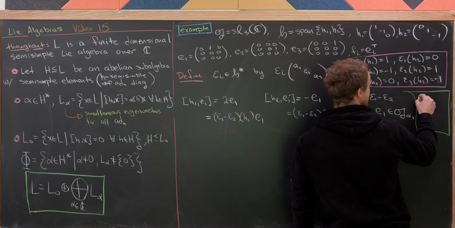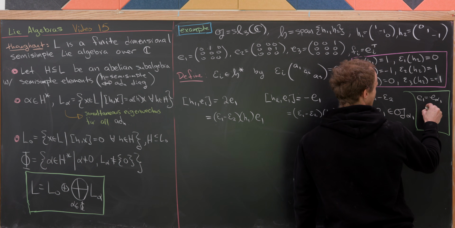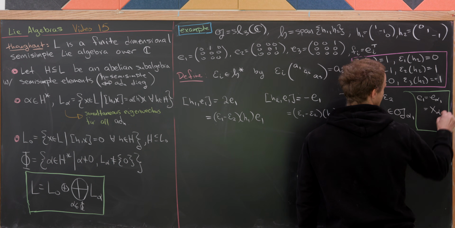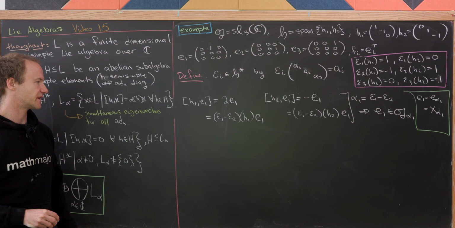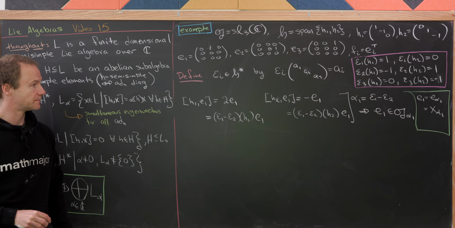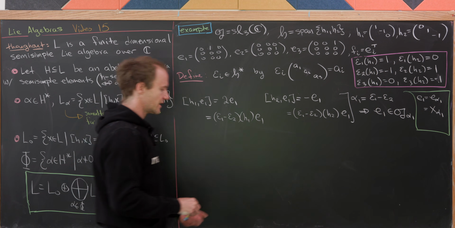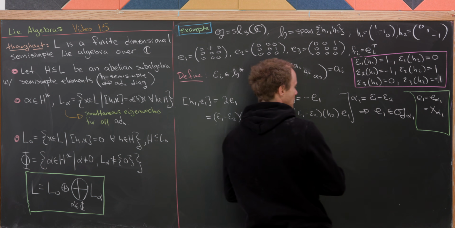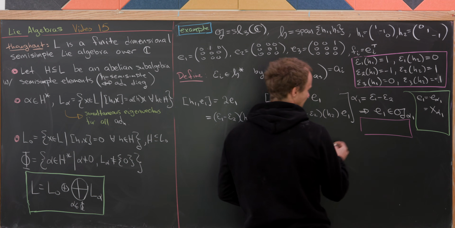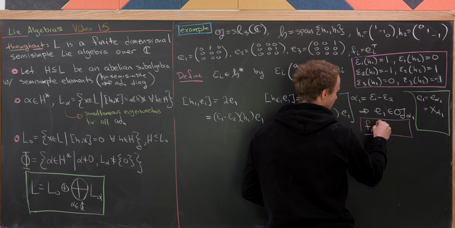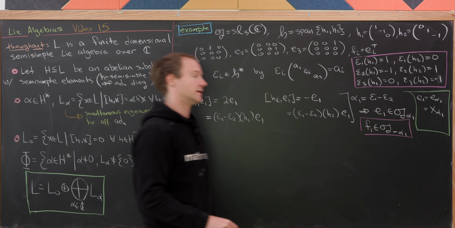E1 is sometimes written as E alpha 1, and it's also sometimes written as X alpha 1. Again, that's just so that we're familiar with some different notations. And very similarly, we could do a calculation and we end up with the following, and I'll let you do this: F1 is inside of G minus alpha 1.